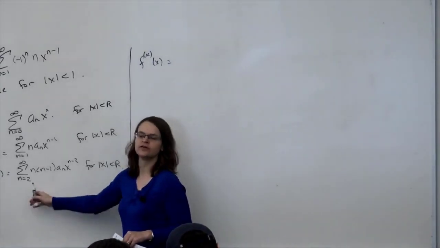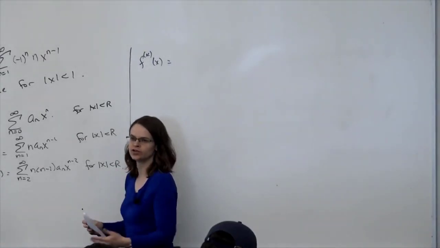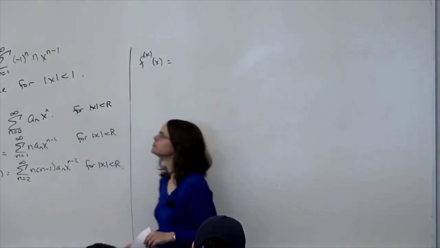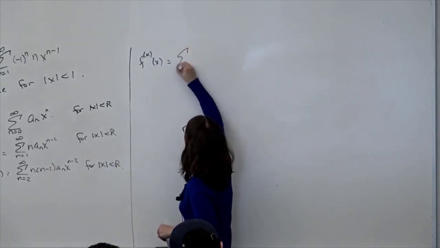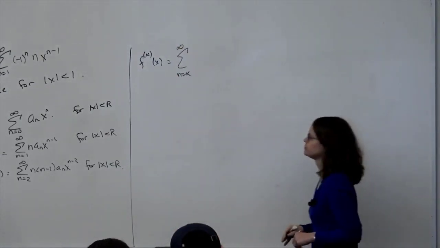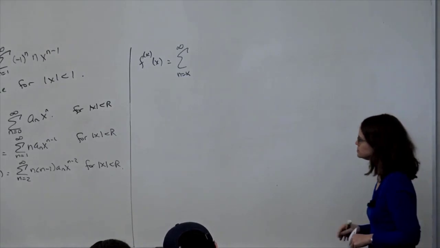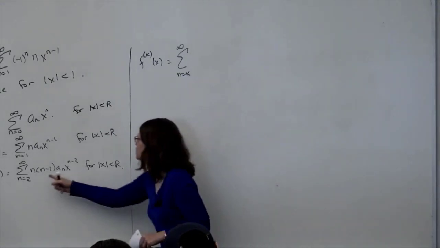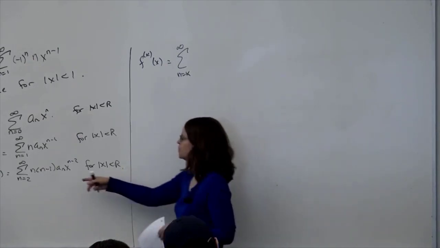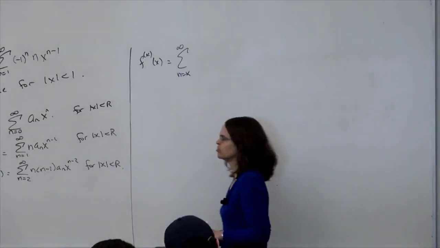Every time I take another derivative, I have another term that just becomes 0, so my index starts a term later. We're going to start from k to infinity. And we keep bringing down another power. So we're going to have n, n-1, n-2, and so on.